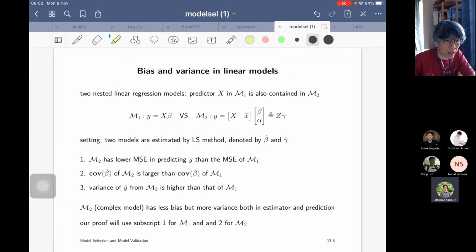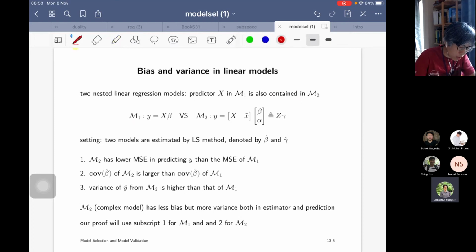Now we're going to apply this concept and see explicitly what it means, and what you're going to see when you use different degrees of model complexity. So I'm going to use an example from a linear model, because the analysis is simple. Suppose you have two nested linear regression models, M1 and M2.